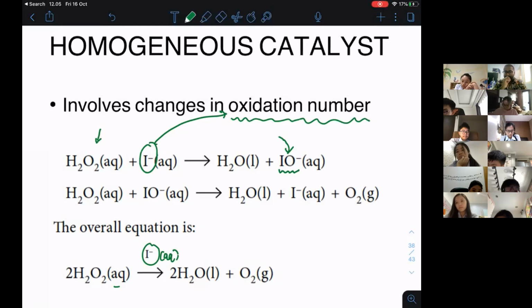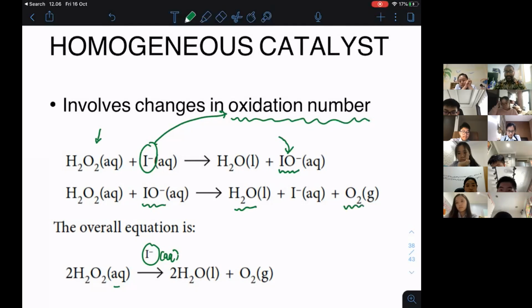This intermediate will be eliminated in the second step, where H2O2 reacts with the intermediate IO minus, and gives you more H2O and further forms I minus. At the same time, it gives you O2.